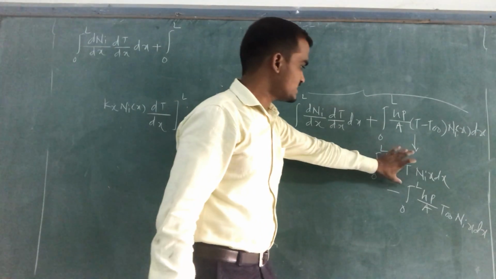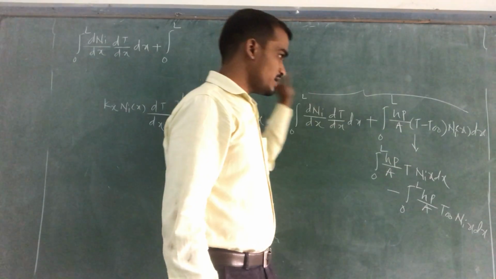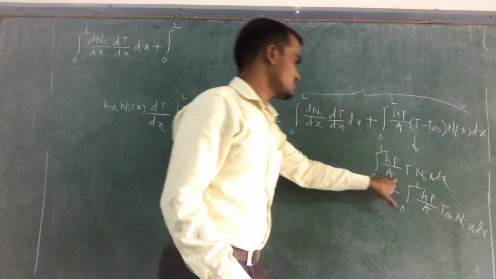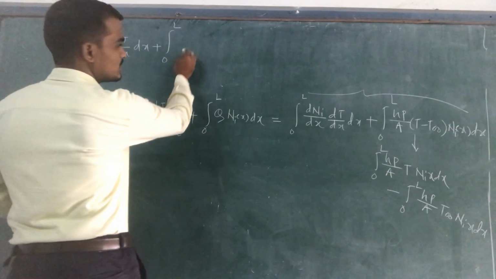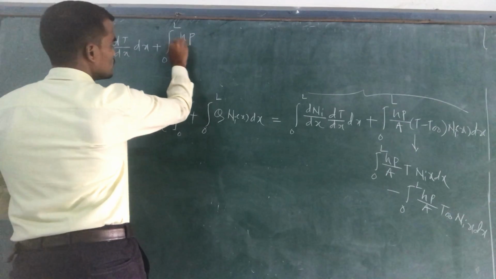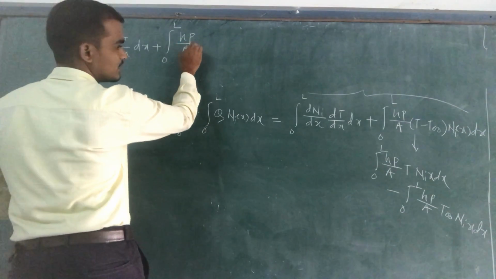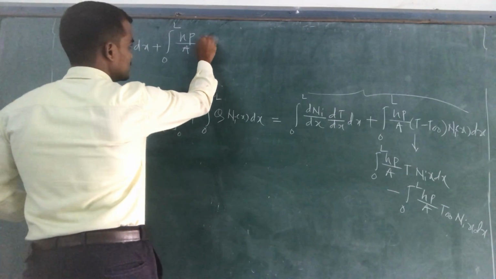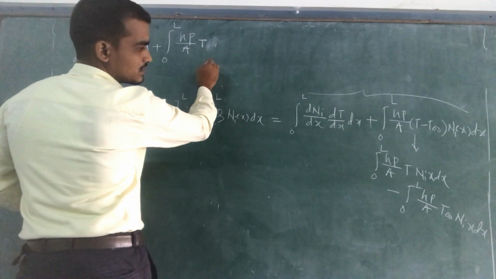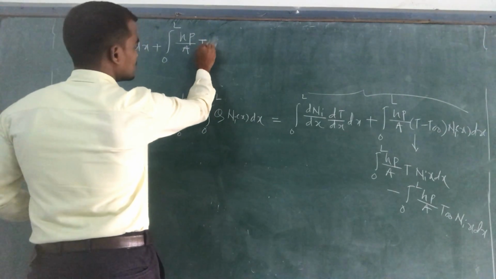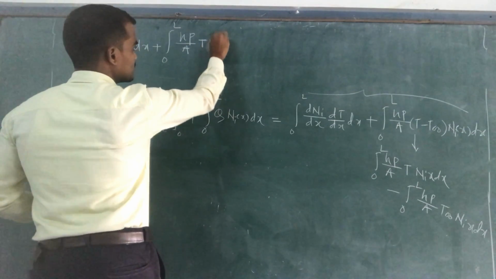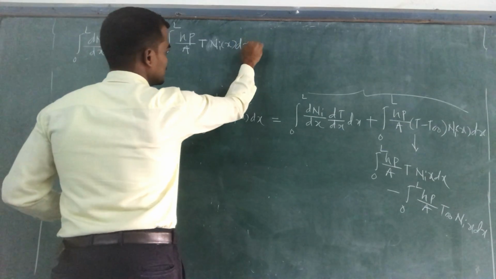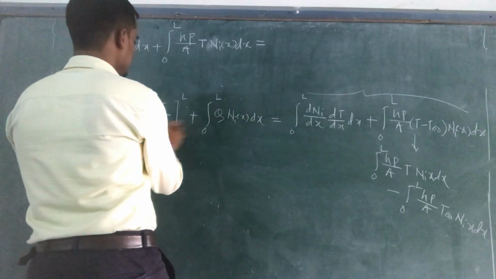Okay, so this term will be taken on the LHS side and this term on the RHS side. So this will become plus 0 to L h into P divided by A times T times Ni of x dx is equal to these two terms.